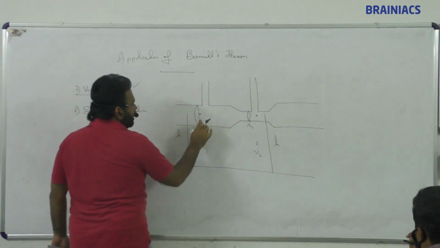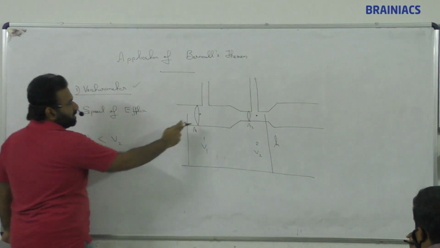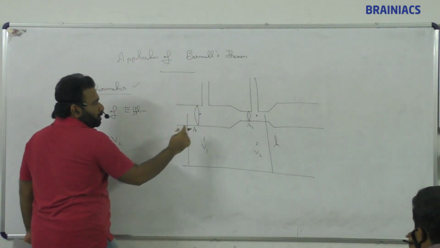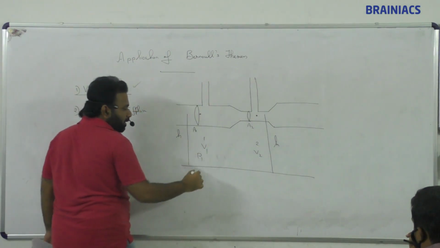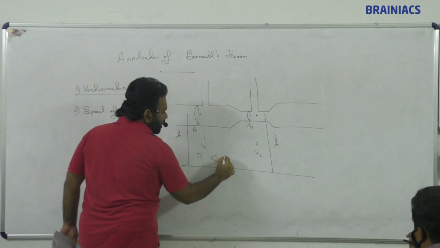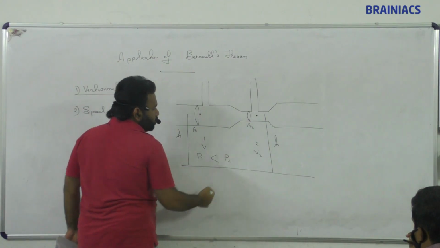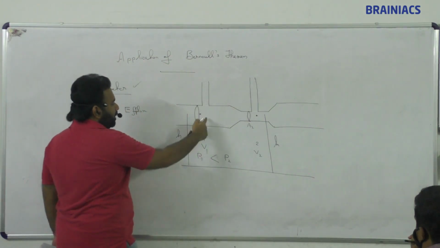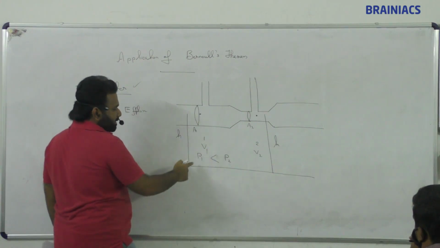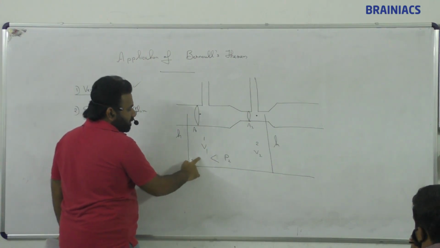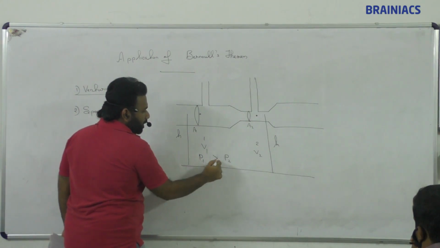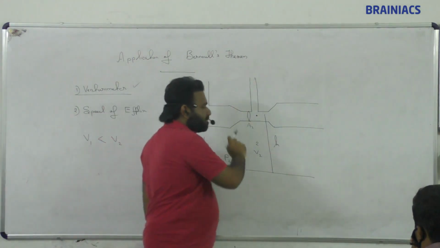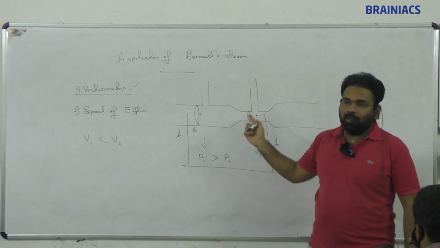Here the velocity is less, so P1 will be lesser than P2? No. Here the velocity is less, and velocity less means pressure will be more. Here pressure will be less because velocity will be more.